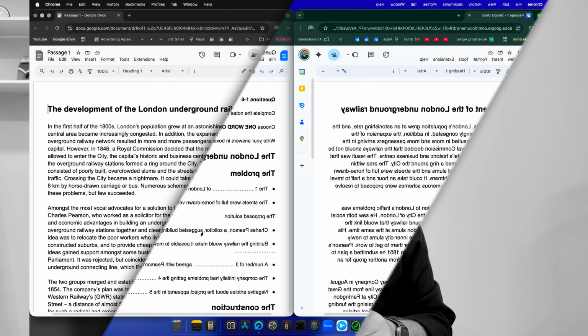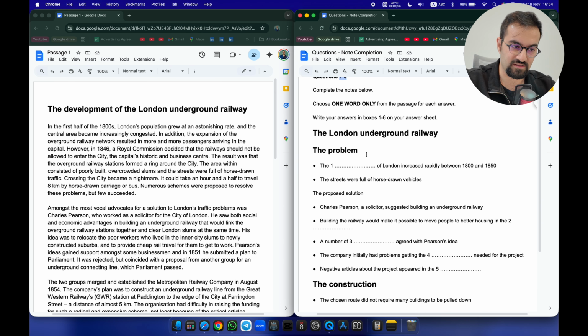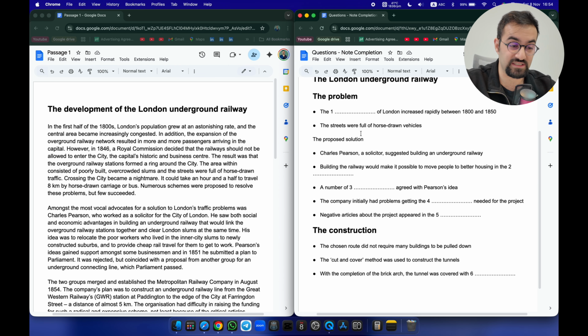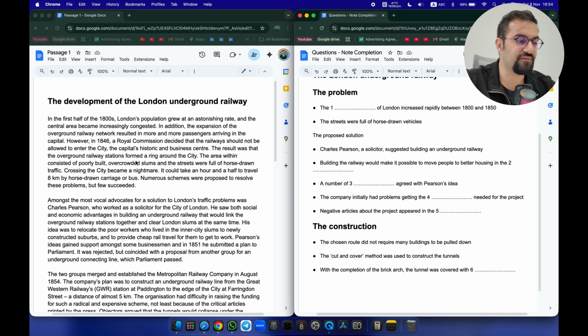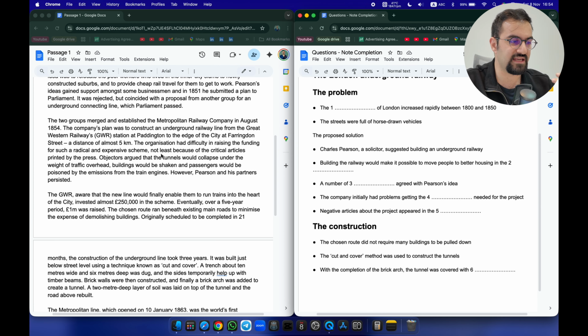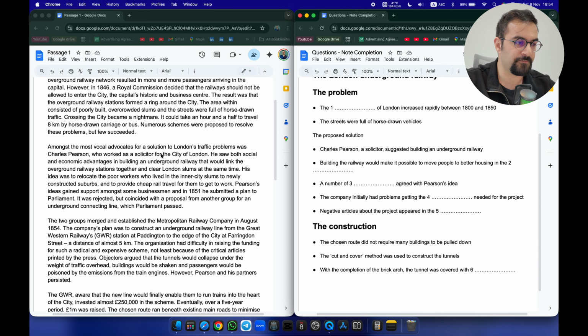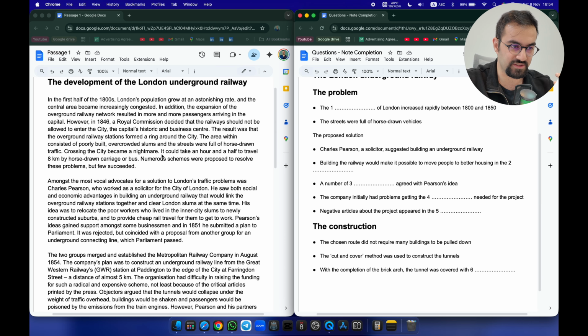Look, this note completion is questions 1 to 6, which means it's the first set of questions related to that passage, and because it is passage number 1, I assume that the answers to these questions will be in the first parts of the passage, which means if I read a few paragraphs from the beginning of the passage, that'll be enough to find all the answers.